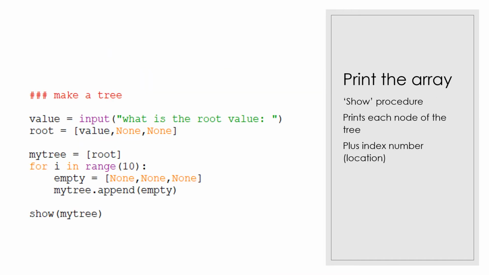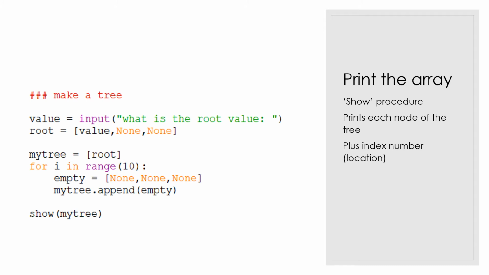To make things easier, I'm going to also create a procedure called show, which will just print out all the elements of the 2D array so that I can check my work. So you can see the last line of my program uses a procedure called show. So can you write that procedure now?